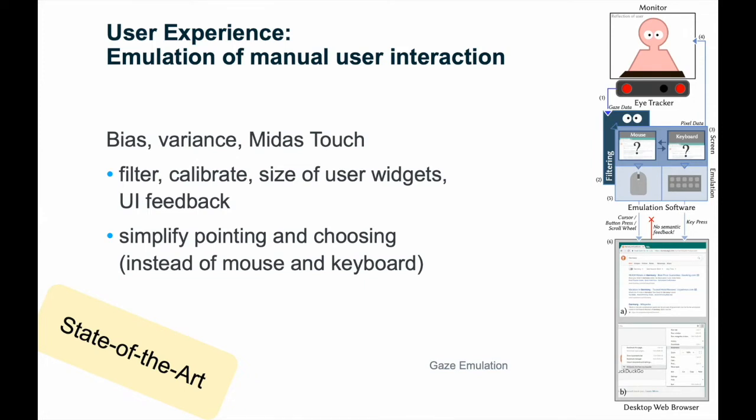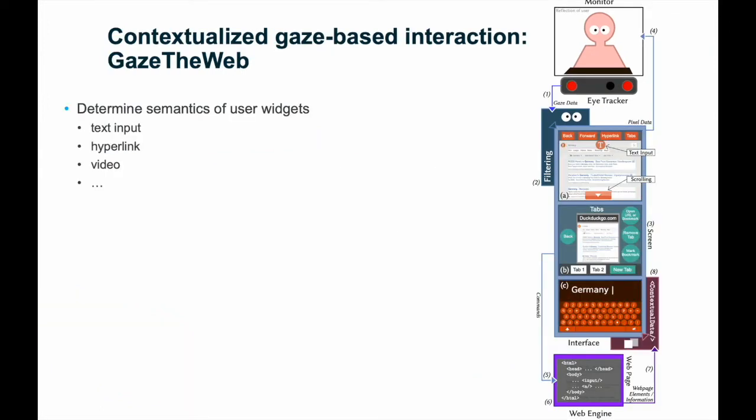You really need to know what is happening at this legacy interface in order to allow you to point and choose. So that's why in another framework that we presented, in ACM Transactions on CHI, we determine the semantics of these user widgets, whether that's text input or hyperlink or video, and then you can also support particular modalities.